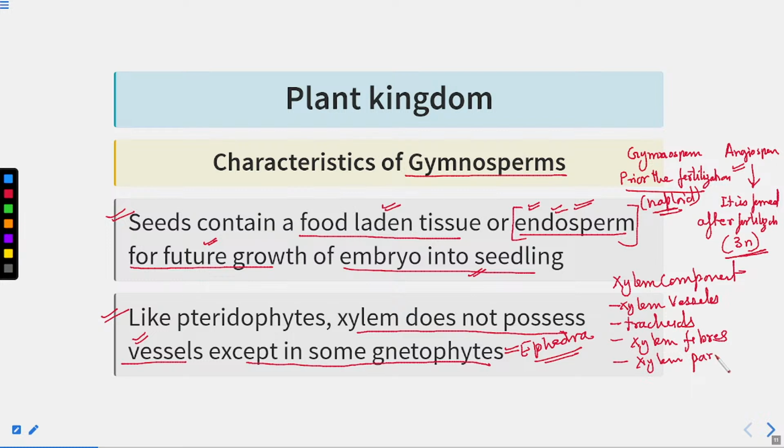These are the four components present in xylem. Now if we talk about the gymnosperm, then this vessel is absent. This vessel is absent in the case of gymnosperm, and also it is absent in the pteridophytes, right? But you do remember that in gnetophytes, that is in Ephedra for example, they possess these vessels as well.